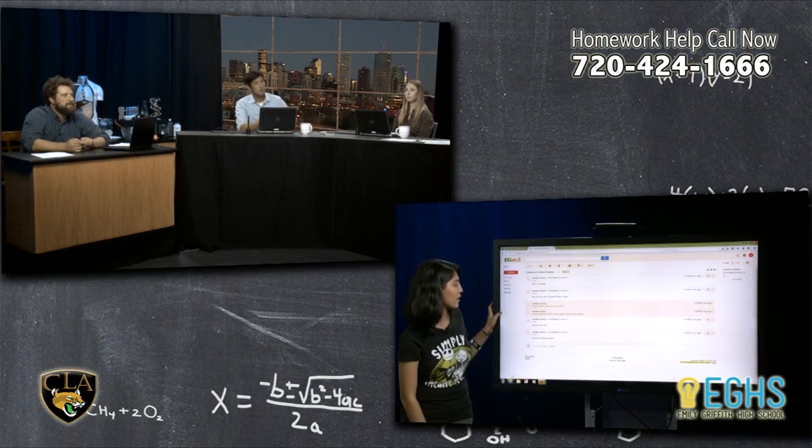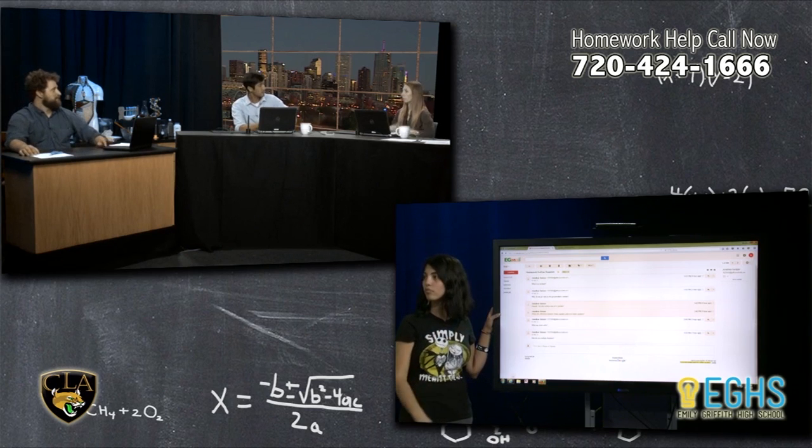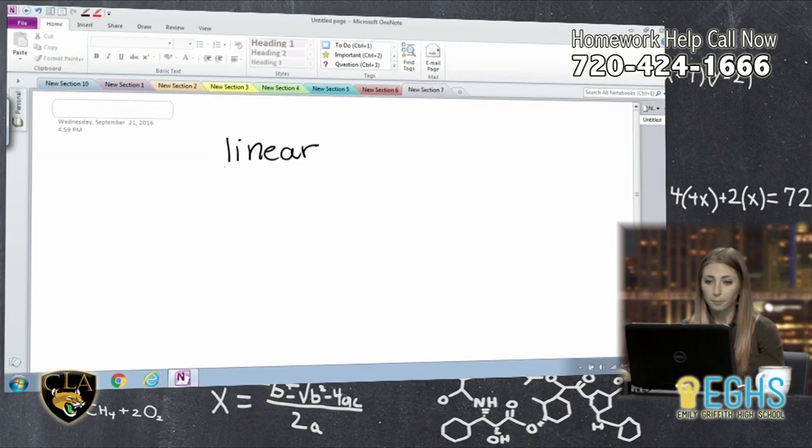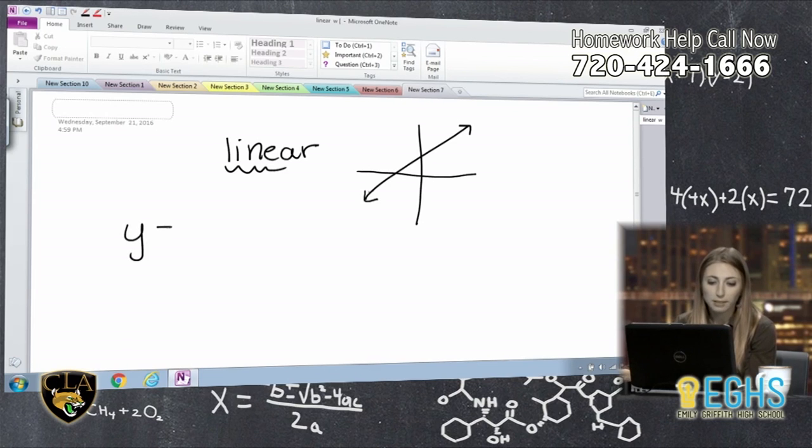Okay, so let's take one from Jonathan, and he says, what's the difference between a linear equation and a nonlinear equation? What makes an equation linear, first off, is the shape that it creates when we graph it. A linear equation is always going to create a line, no matter what.